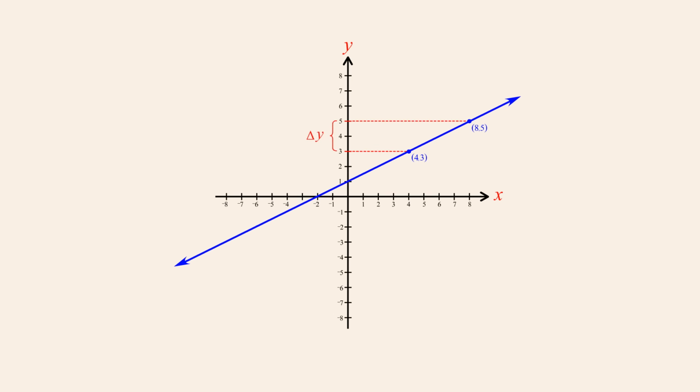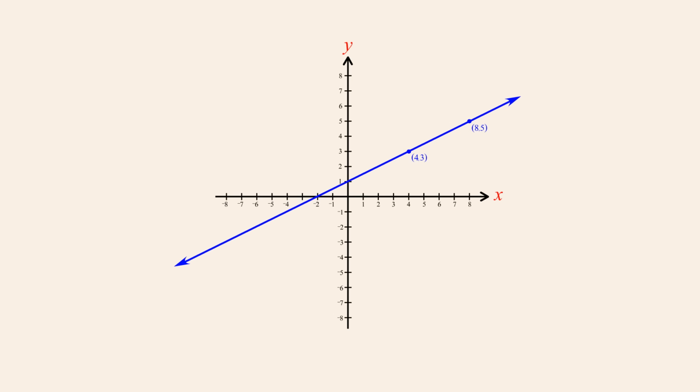Delta y is the y-coordinate of the right point minus the y-coordinate of the left point, which is 5 minus 3, or 2. And delta x is the x-coordinate of the right point minus the x-coordinate of the left point, which is 8 minus 4, or 4. So the slope delta y over delta x is 2 divided by 4, or 1/2.